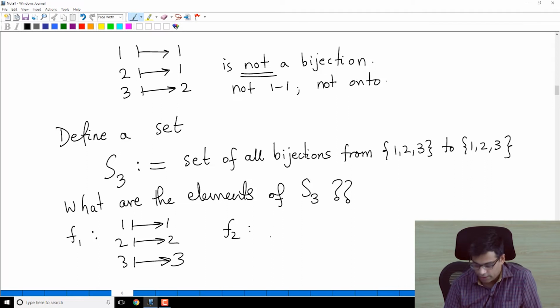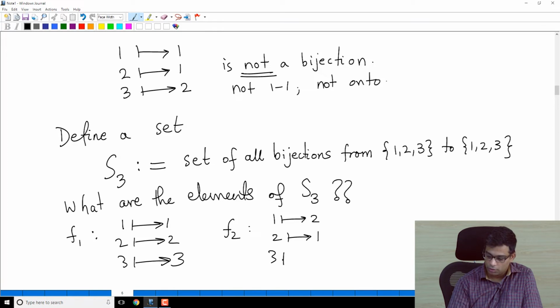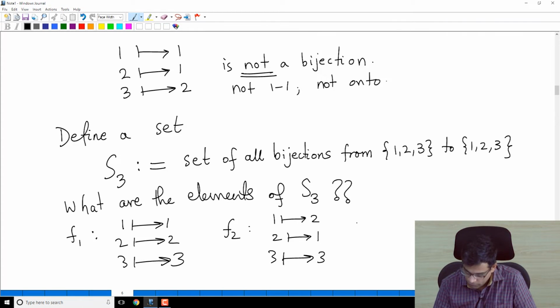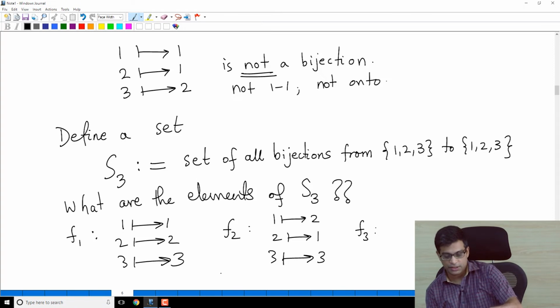You can also send, let us call it F2, 1 to 2, 2 to 1, and 3 to 3. Note that this is also a bijection, because different elements go to different elements, and 2, 1, 3 are all in the image. What I have done is just interchange 1 and 2 while keeping 3 fixed.